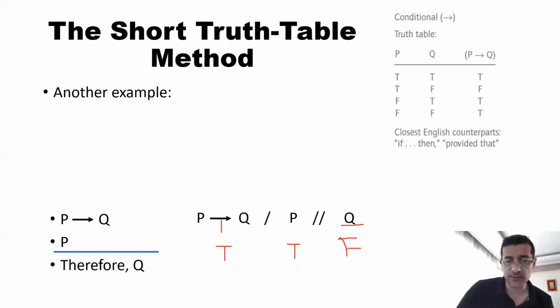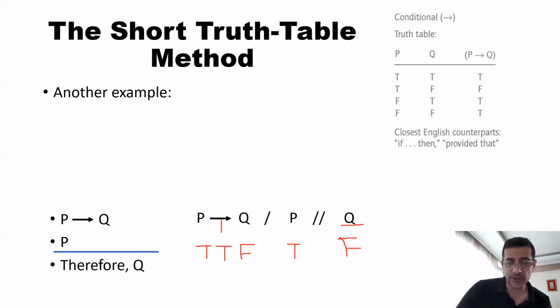Now, let's see whether it's possible. Let's plug in, because here we have Q as false. Anywhere in the premises where I see Q, I should put F, right? So here, yes, F. And here, there was one Q and I did it. And here P is true, so I'll have to plug in T here.